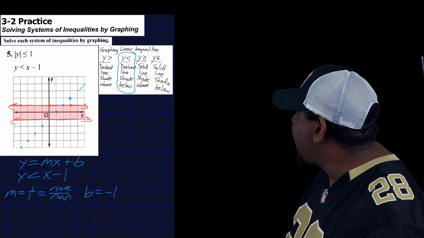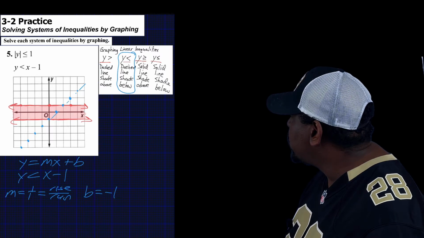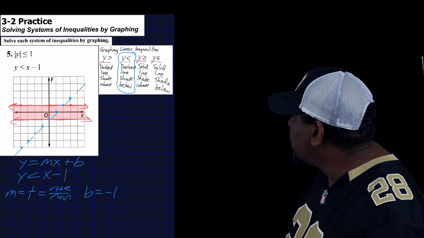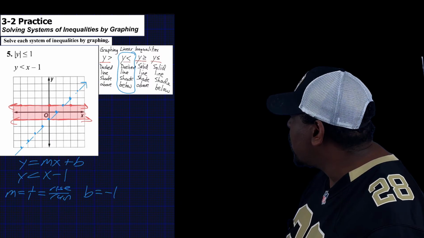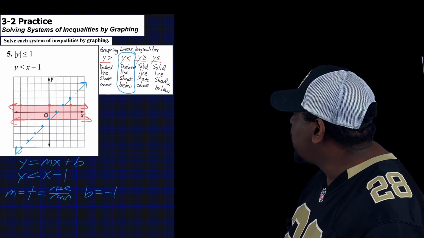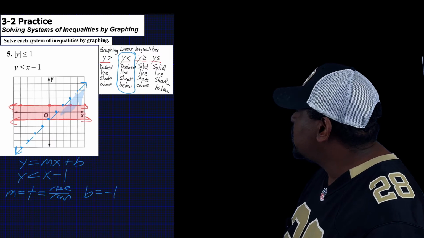Since it's a dashed line, we will draw a dashed line through these points, as you can see. We want to put arrows to indicate that this boundary line goes on forever. And since we shade below, we will shade below in the blue shading.